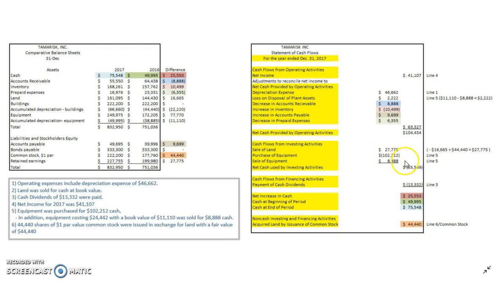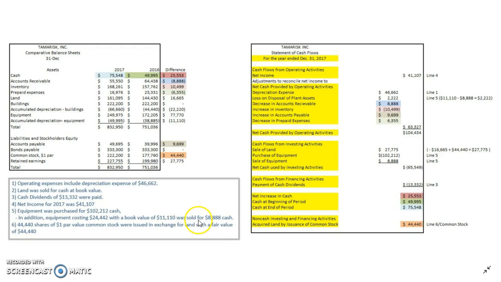It says purchase of equipment. Let's look at line 5 for that. It says here we purchased equipment for $102,212. That's what we'll list. We purchased that, so it's money going out, so it's a negative cash flow. Sale of equipment.